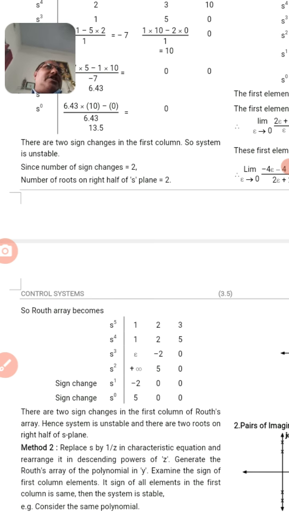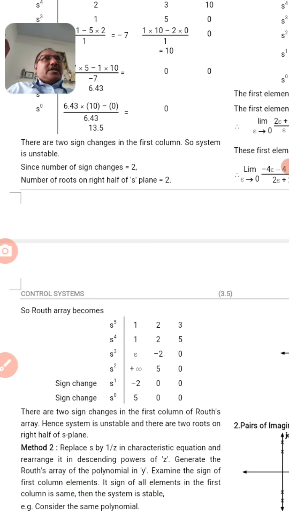Now the characteristics equation is generated from a closed loop system. Suppose we have any closed loop system. We find out its output upon input equation. If you want to change the gain of the system, we can do that.